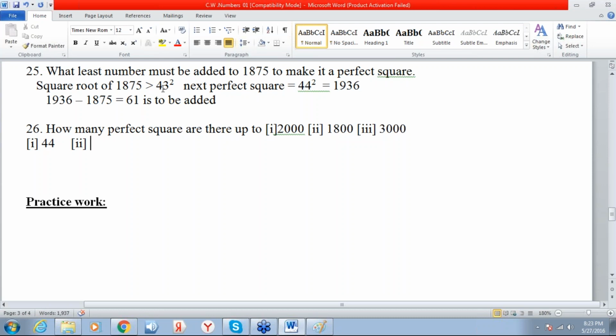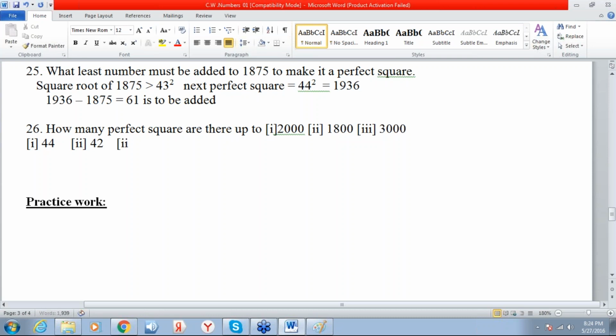42 only. Just take the square root of 1800 and round it off to 42. So for the second one, there will be 42.